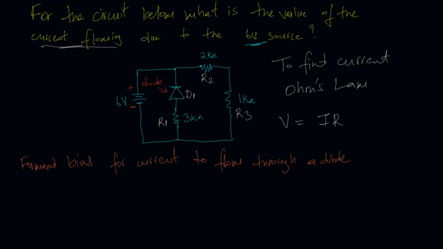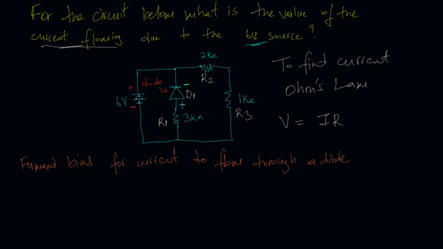Now, to identify the terminals of a diode, this side here is considered to be the negative side and this side here to be the positive side. So it is assumed that current will flow from the positive and out the negative. So we must connect our negative side of the diode to the negative side of the battery and the positive side of the circuit must be connected to the positive side of the diode.